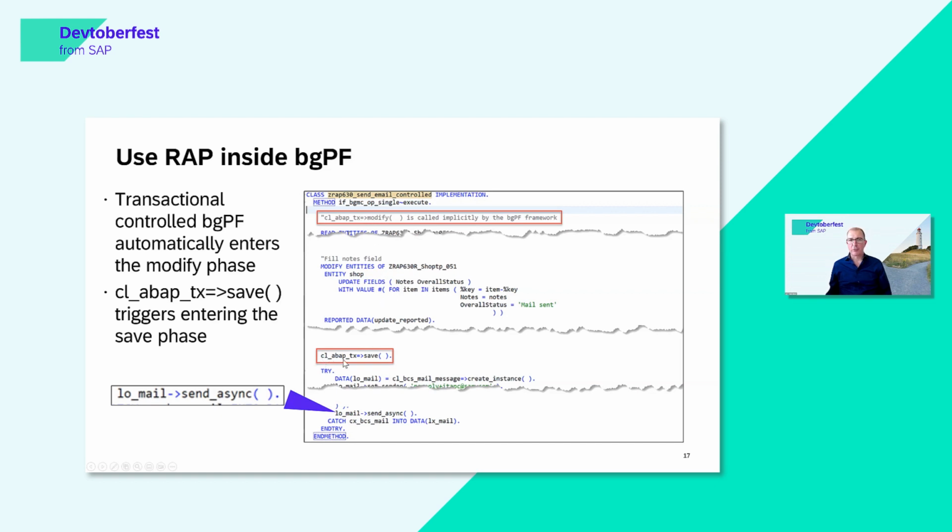And only later you could, for example, specify that you're entering the save phase. And that would then allow you to call this classified API that I showed to you, this send async. And this we will also show.